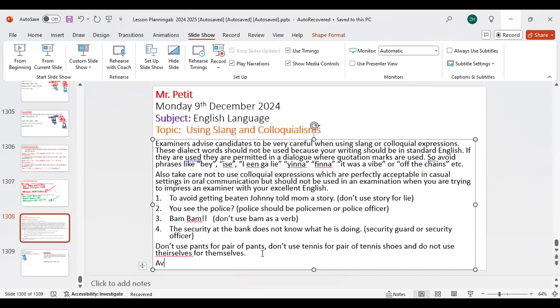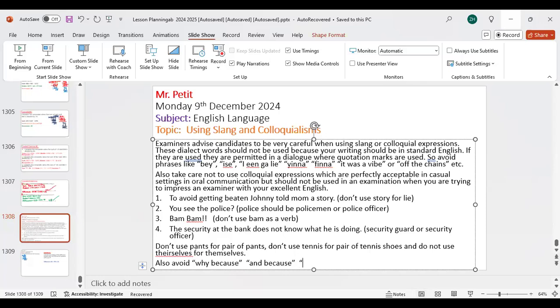Also avoid why, because. Anyone has used that? No, sir. My mommy is using it a lot. I don't use cuz. I think I'd be like, why?